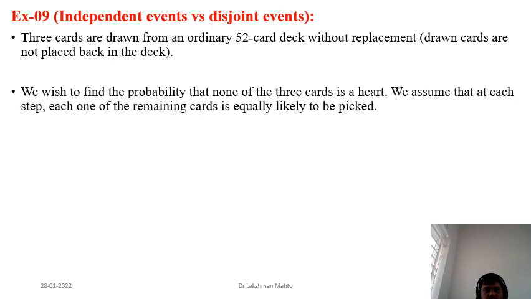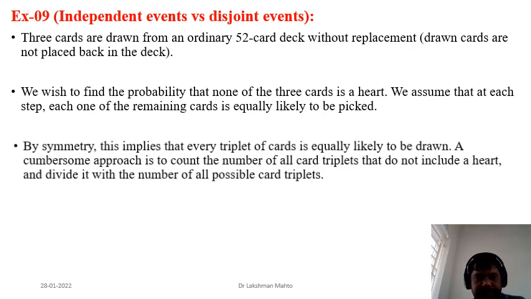There, this example I would like to solve. Three cards are drawn from an ordinary 52-card deck without replacement. That means the drawn cards are not going back to the deck again. We want to find the probability that none of the cards is a heart. We assume that at each step, each one of the remaining cards is equally likely to be picked.